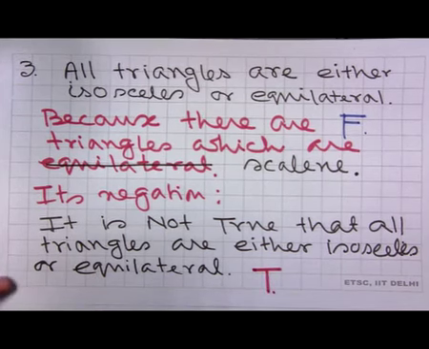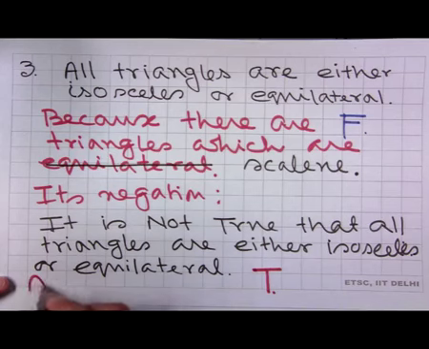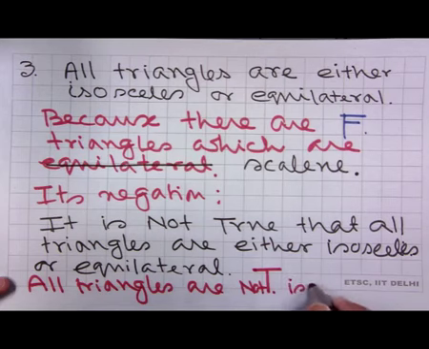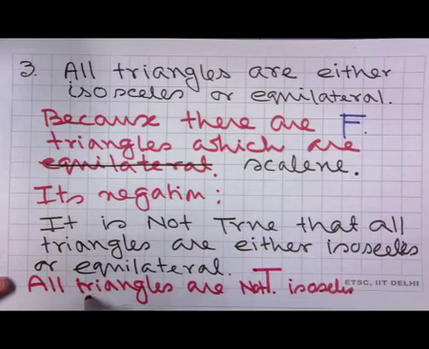So, what is true is all triangles are not isosceles or equilateral.